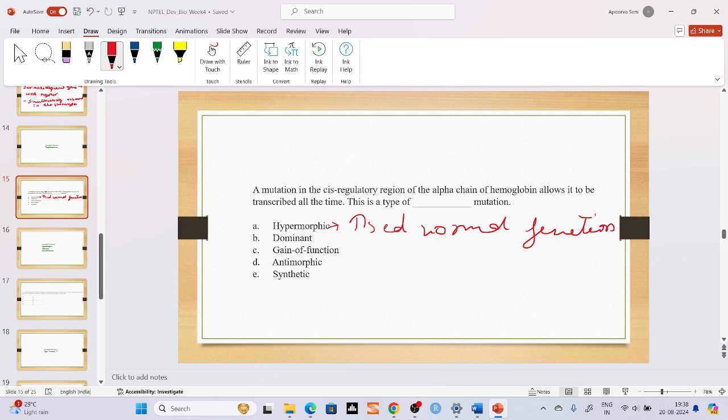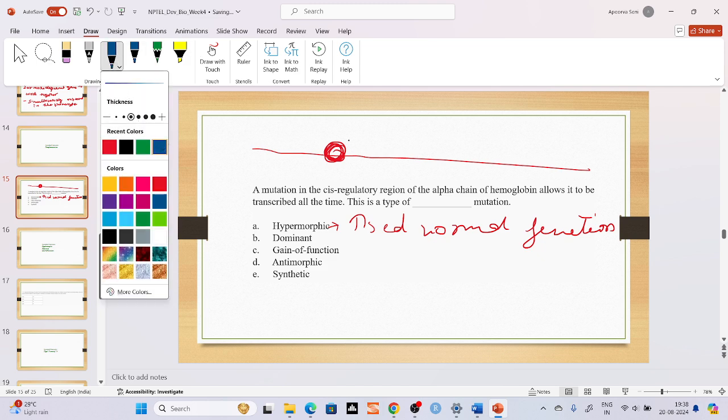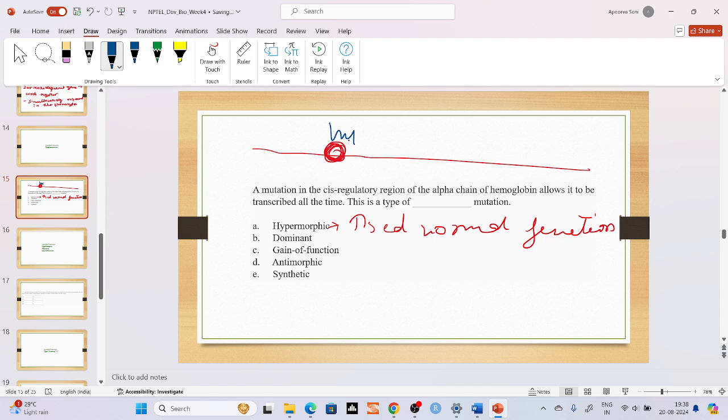So the question here says that a mutation in the cis regulatory region of the alpha chain of hemoglobin allows it to transcribe all the time. So if this is your alpha chain, and this is the region where the mutation has occurred. Earlier in normal condition it used to transcribe only for a specific period of time.